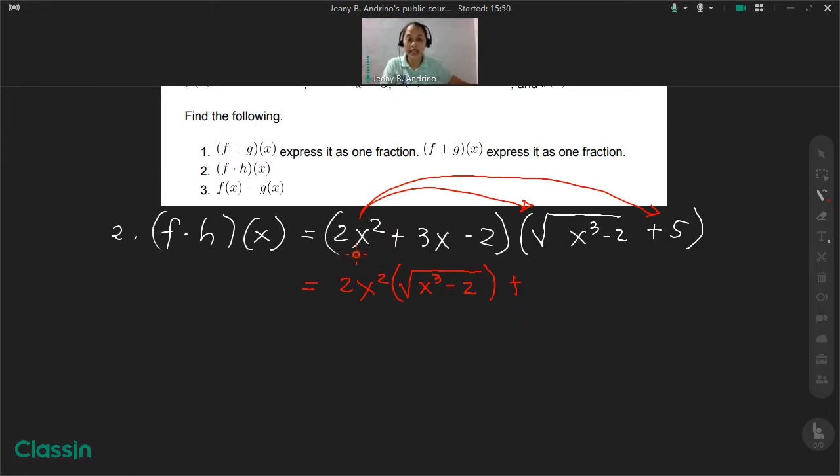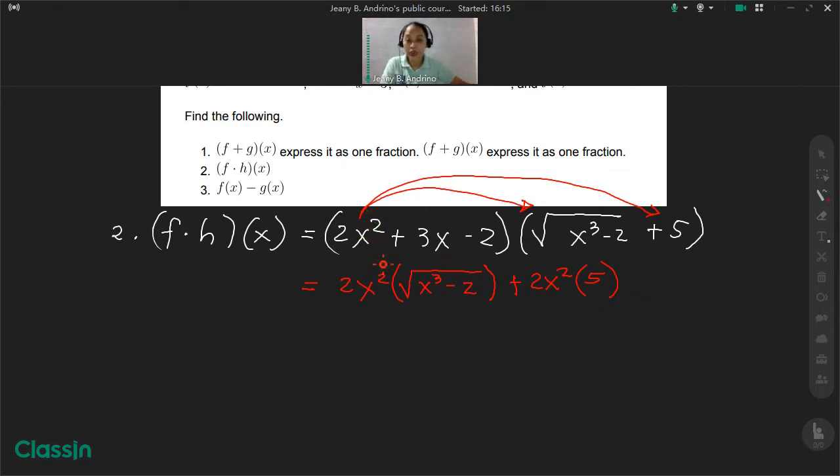So you just take the sign of the first number and the sign of the other number. So positive times positive, that's positive. So we have a plus in there. So 2x squared times 5. So let me just write it here, and later on we'll just have to do the simplification. So let's now move on.